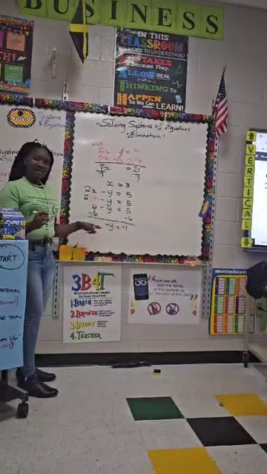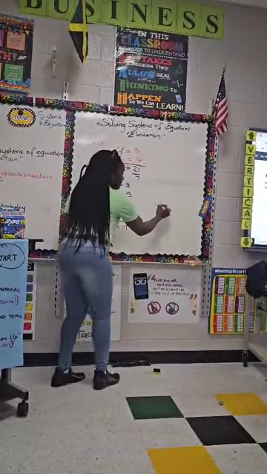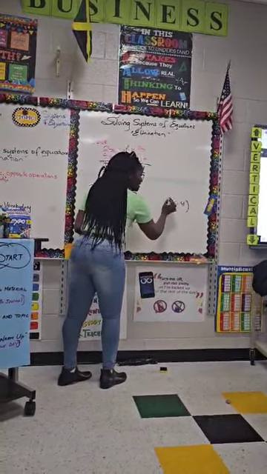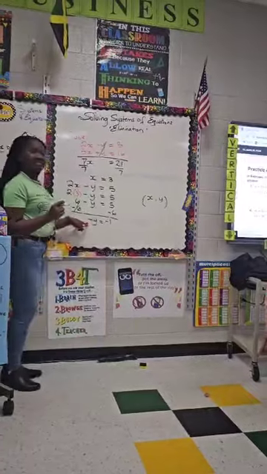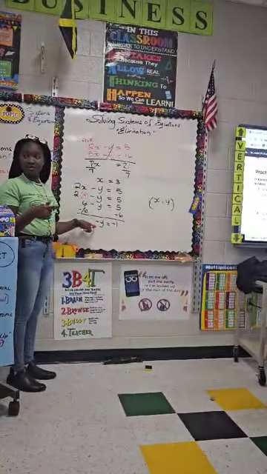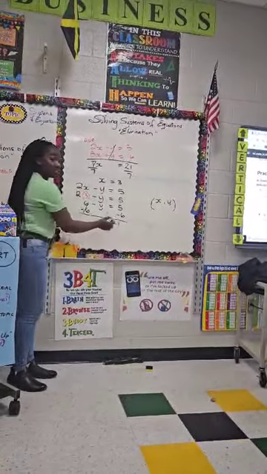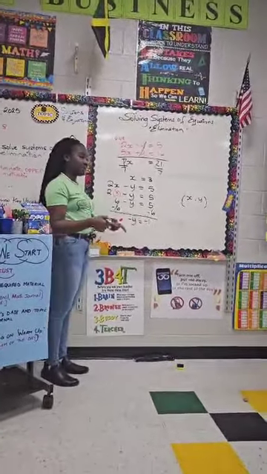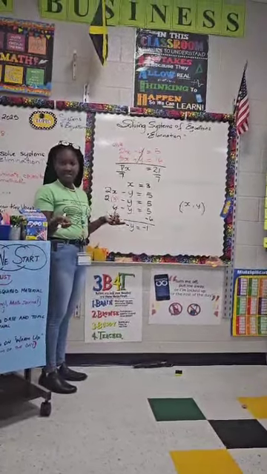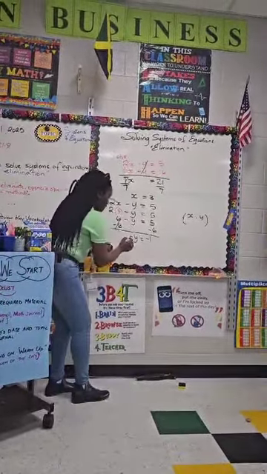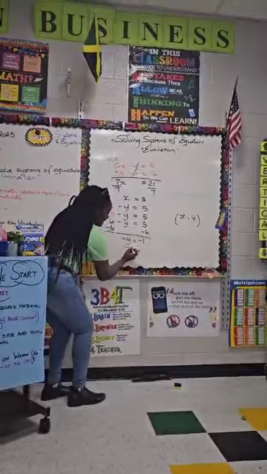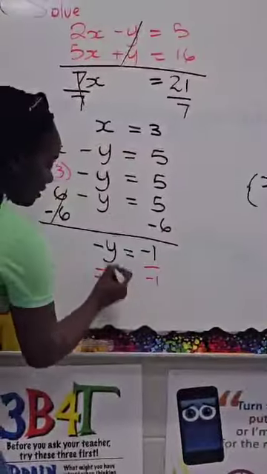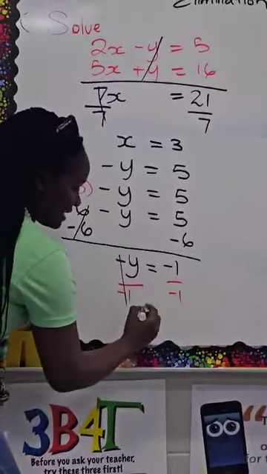Then again, at the end, we need to have a value for x and y, not negative y. Since the coefficient is -1, we could divide both sides by -1, or we could convert it to positive by multiplying both sides by -1. So if we choose to divide both sides by the coefficient, which is -1, then the negative is cancelled out.